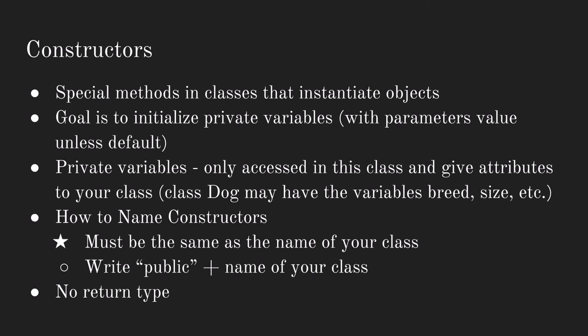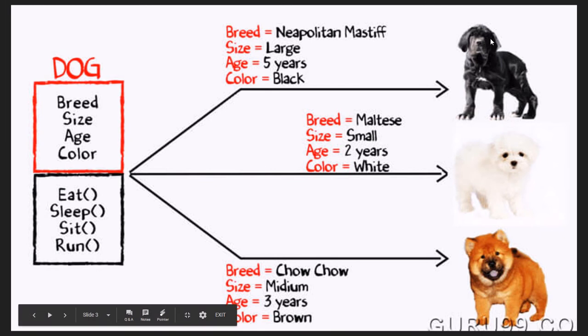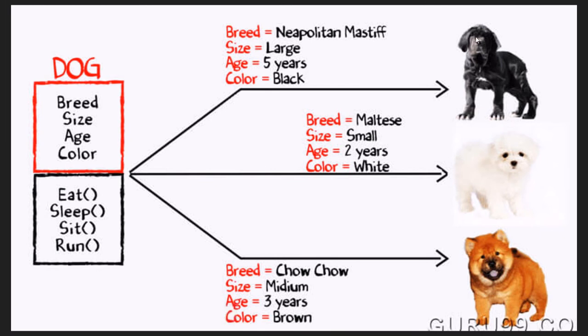And how do we name a constructor? The unique aspect about a constructor is that the name of the constructor must be the same as the name of your class. And you write public, and then you add the name of your class. Whenever you want to create another object, you need to call the constructor method, which we will show you an example of later.